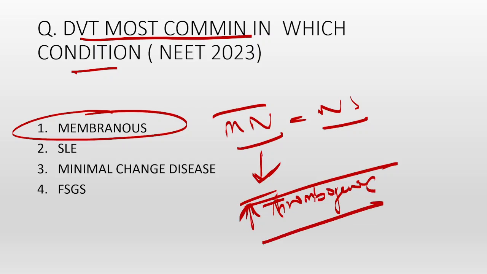This thrombogenicity is greater with higher proteinuria. As protein is lost in the urine, serum albumin starts coming down. When serum albumin is less than 2 grams, there is a high chance of thrombosis. That can occur with any nephrotic syndrome, but it is more common with membranous.